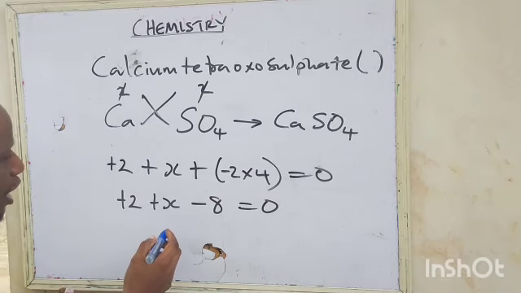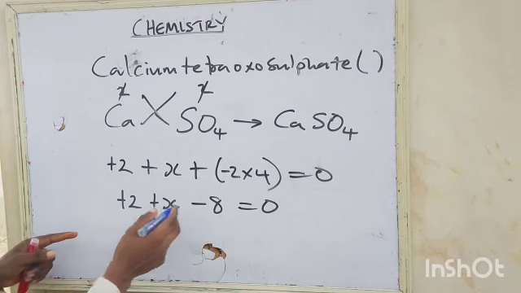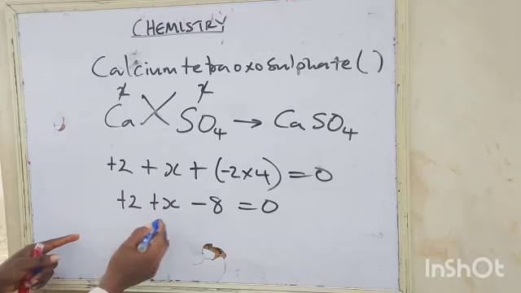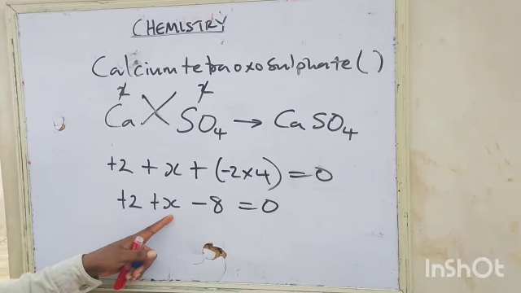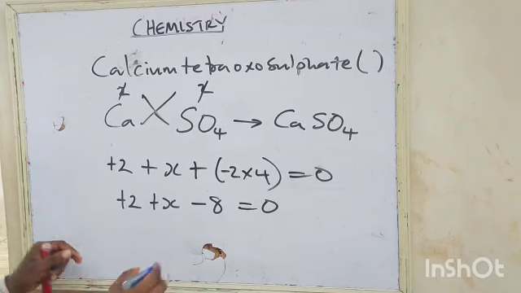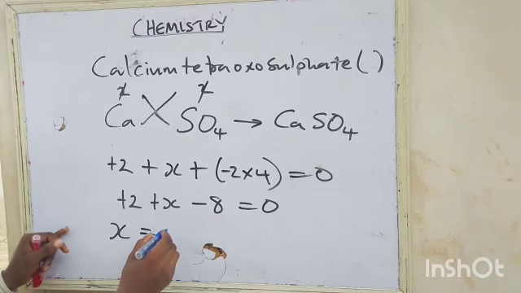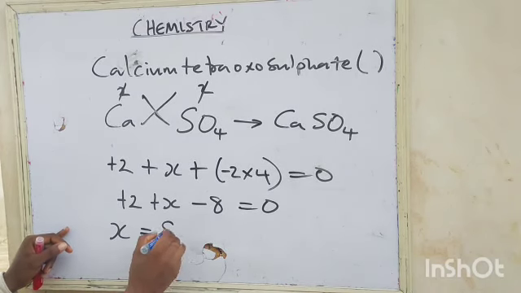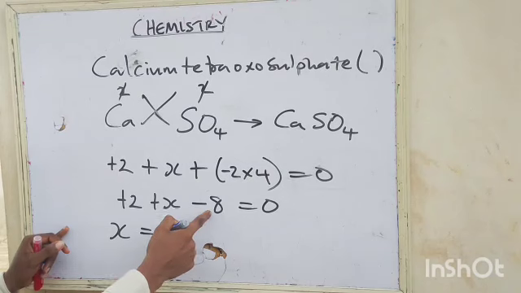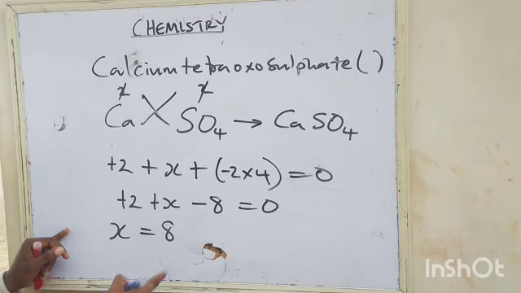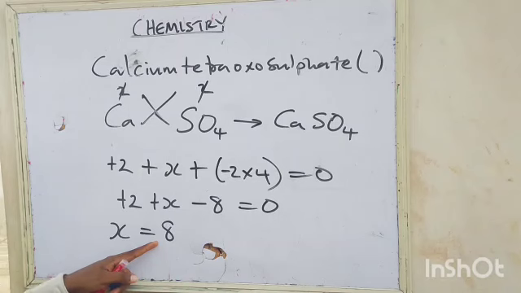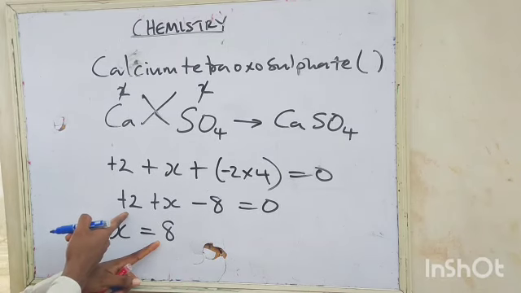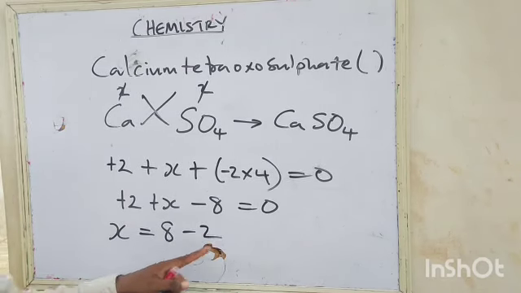So here we have x, we collect the like terms to solve for x. x equals 8. 8 was initially a negative sign, so the sign changes. 2 here was positive, then -2 it becomes.